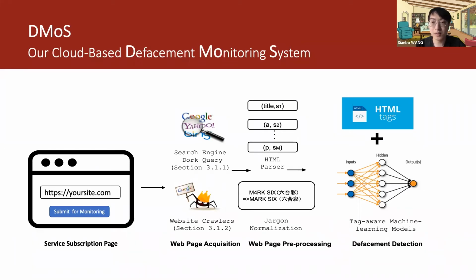The user only needs to submit their domain to our service webpage. Then our system will actively monitor the web pages. For each web page, DMOS will first detect and recover jargons with the jargon normalization component. Then the web page will be passed to the tag-aware machine learning component for classification.